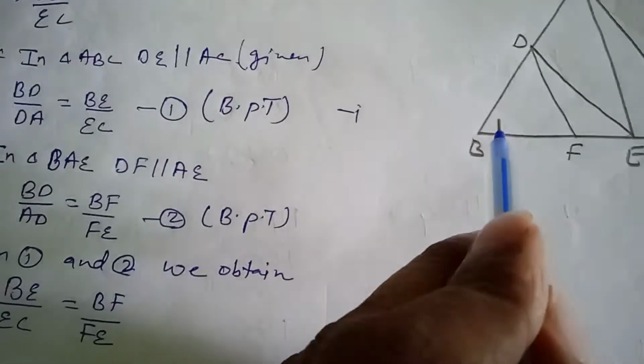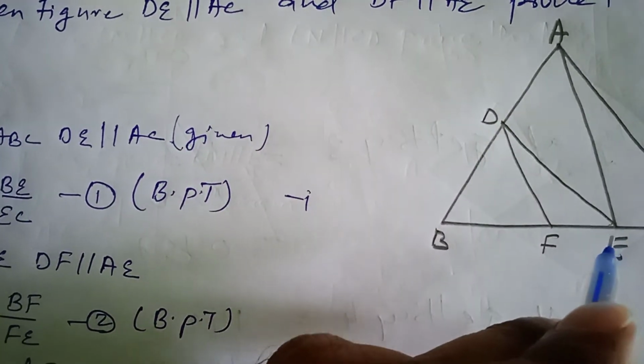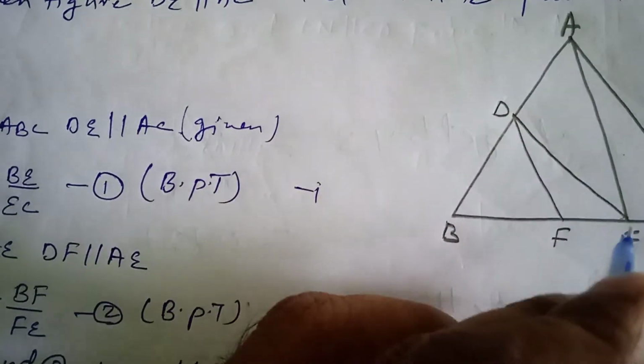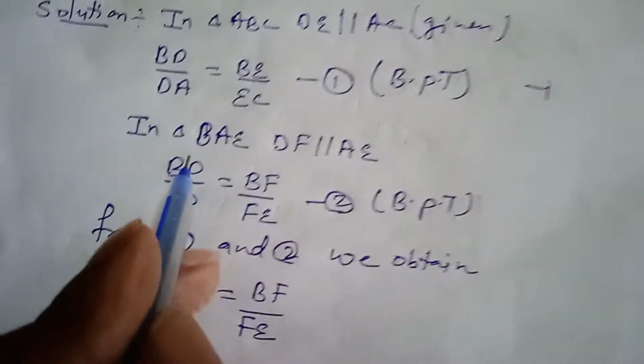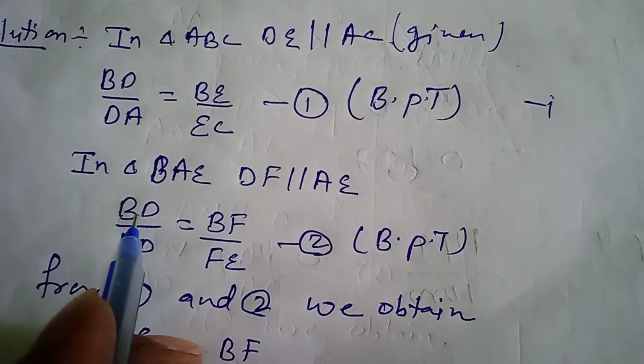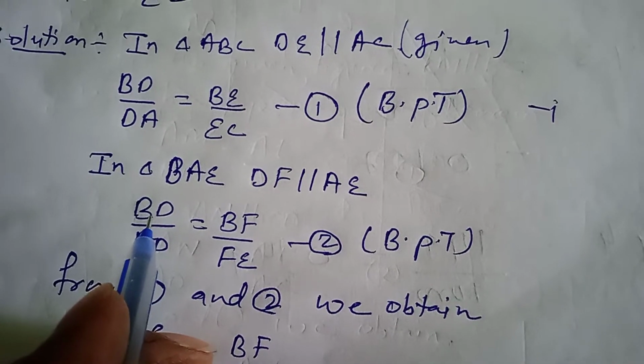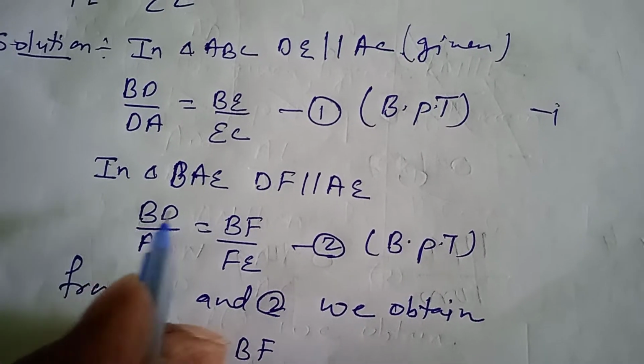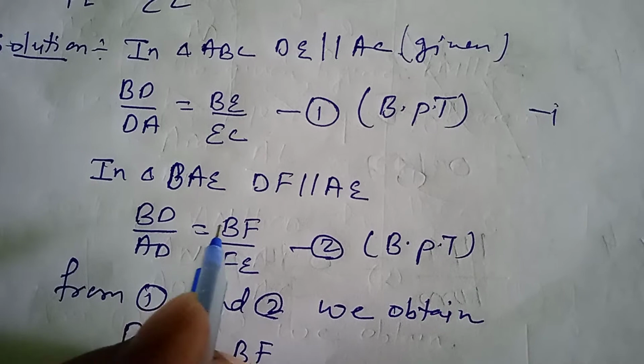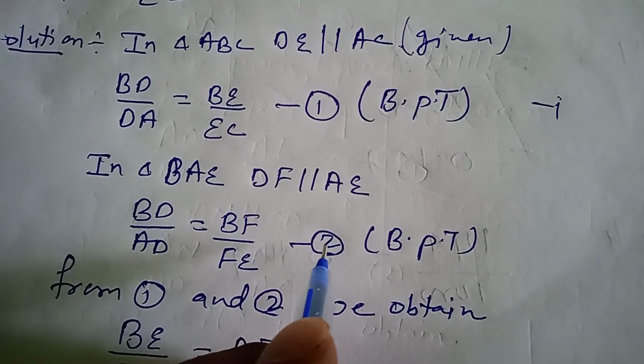Point number 1. Basic proportionality theorem. Same way, in triangle BAE, DF parallel to AE. According to the basic proportionality theorem, meaning using the formula of the fundamental theorem or Thales theorem, BD upon AD is equal to BF upon FE. Point number 2.